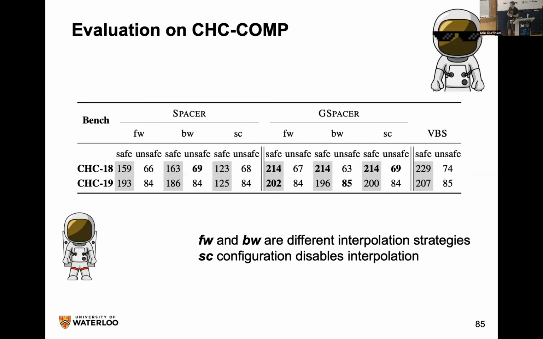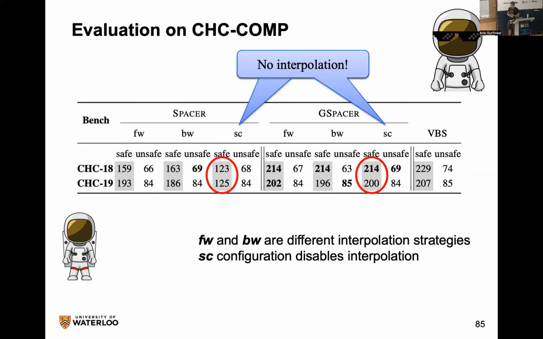Okay, so I don't really want to show you numbers because you really can't understand them unless you understand the benchmarks and what the meaning of this is. But there are a couple of interesting things here. One thing is we tried looking at Spacer versus GSpacer with interpolation disabled. That's an interesting comparison to see the effect of interpolation. For Spacer, it's huge.